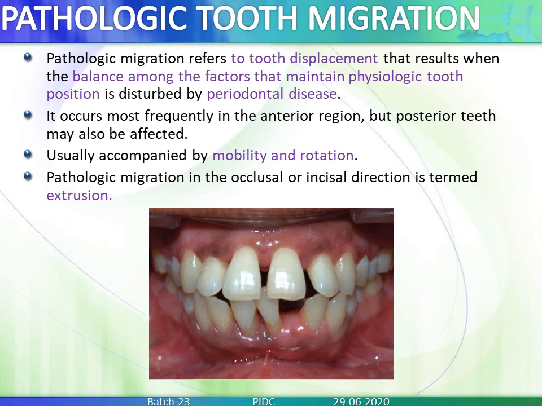So in normal terms, if there is a tooth displacement that results because of periodontal disease, the displacement could be in the mesial, distal, or occlusal direction. If it is because of periodontal disease, then you call it pathologic migration.